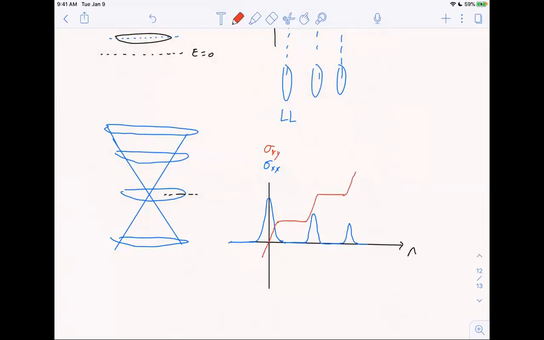You increase again, then you see a plateau. I should actually drop it a little bit. Let me draw it again.